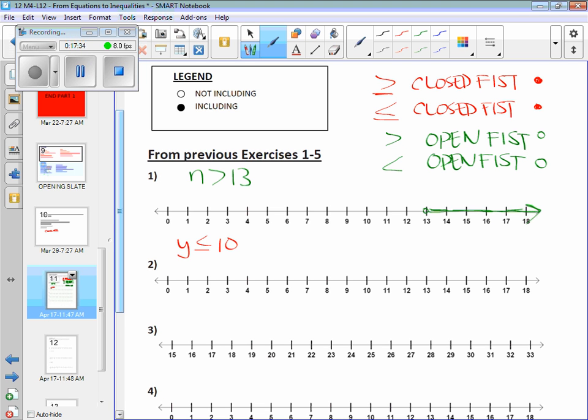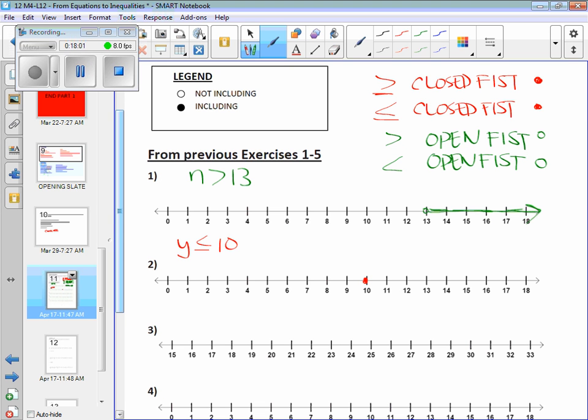Okay, so find 10 on the number line. Open fist or closed fist, which is a closed circle at 10. Everybody in agreement? Now, everything that's less than 10 is which direction? To the left. Would 9 make the inequality true?